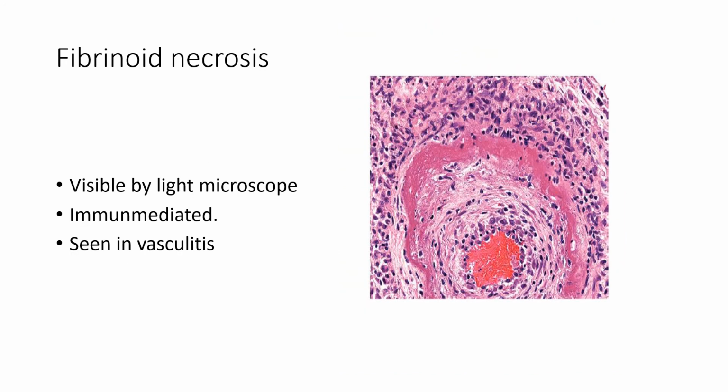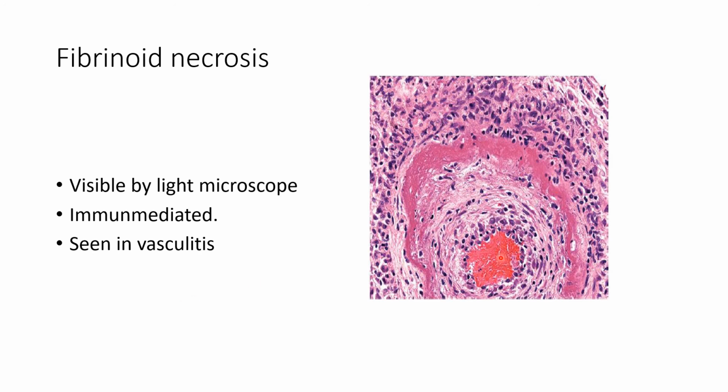Another pattern of necrosis we call fibrinoid necrosis. Why is it called fibrinoid? Because there is deposition of fibrin material. This fibrin material is pinkish, as you can see here. The typical example for fibrinoid necrosis is vasculitis. Vasculitis means inflammation of the blood vessels.